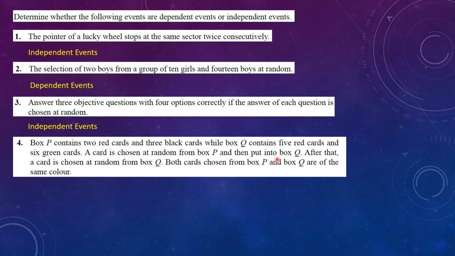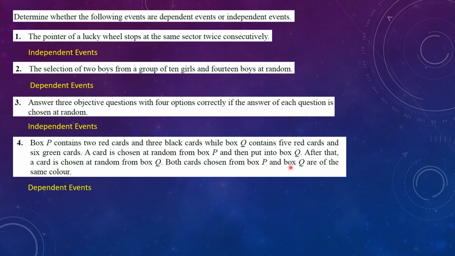So this one, after you choose the card from box P, you put it into box Q. So this one is dependent events because of what card you choose from box P, either red or black. If you choose black and you put it into box Q, maybe you can choose red for the second card. It doesn't mean that you have to choose a black card also.